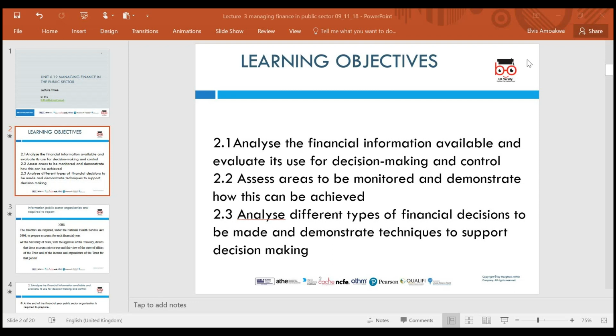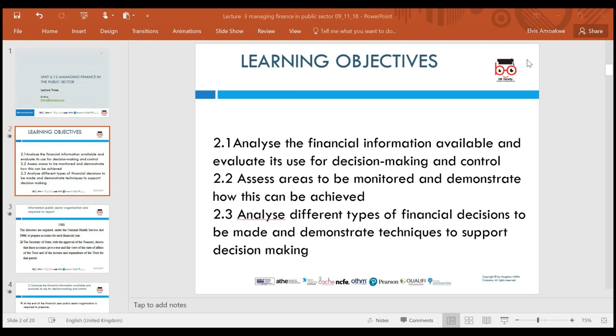Assessment criteria 2 will try and assess areas to be monitored and demonstrate how this can be achieved. And then finally, we'll try to analyze different types of financial decisions to be made, and we'll try and demonstrate techniques to support such decision making. Right. So that is what we're going to do for today.